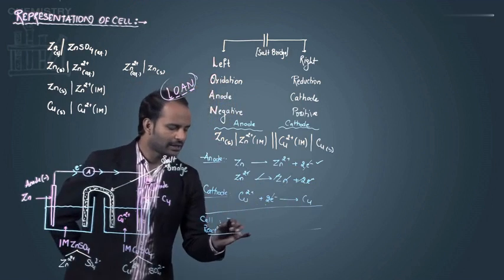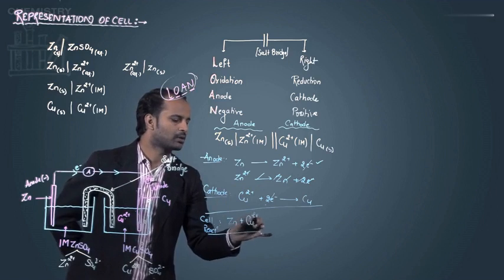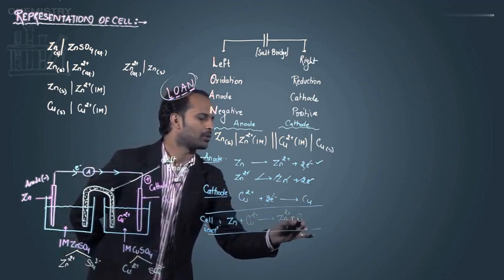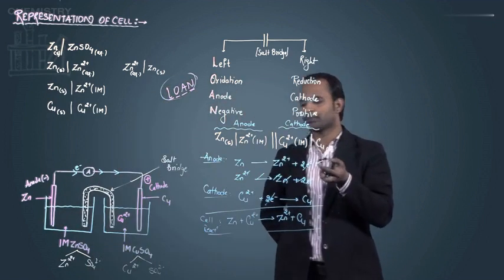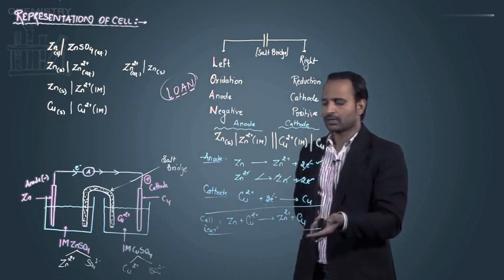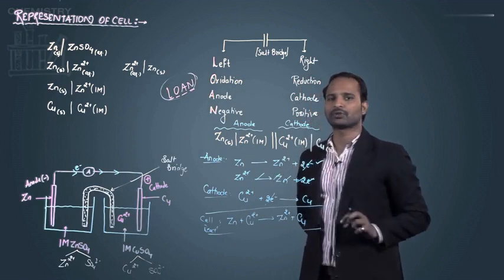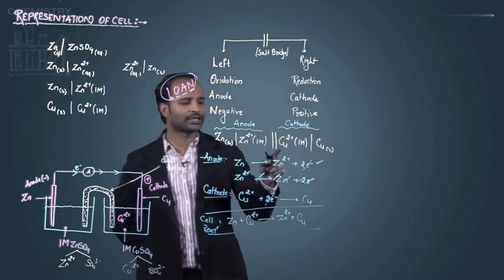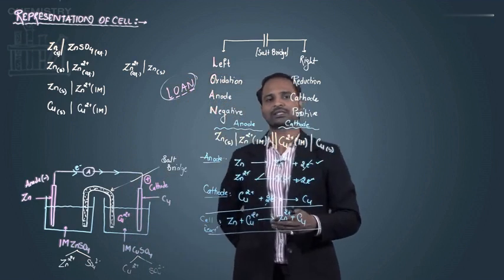Then here I can write Zn plus Cu2+ gives Zn2+ plus Cu. So by using the cell representation, I can write this whole reaction. The reaction can be written just by observing the cell representation. In exams, they generally give the cell representation and ask to write the cell reaction. So in this way, we write the cell reaction.